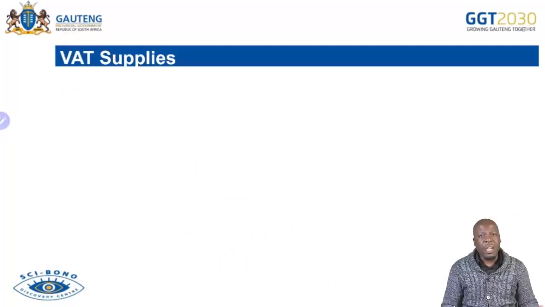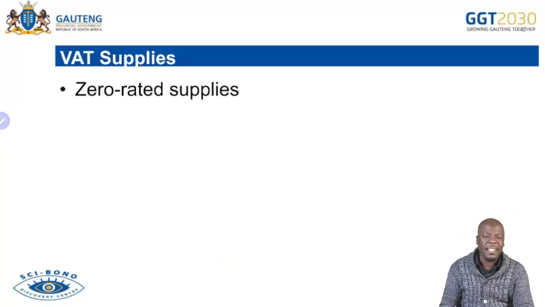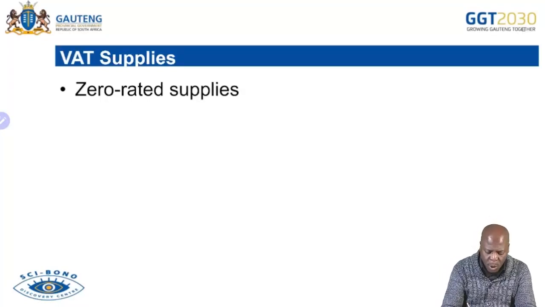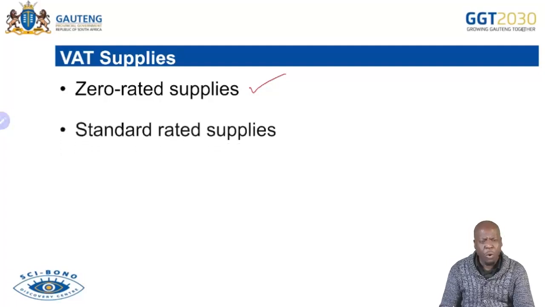Now, it is very important that we talk about the VAT supplies. There are different VAT supplies that we're going to talk about today. The first type of supply is what we call the zero rated supply. The second type of supply is what we call the standard rated supply.